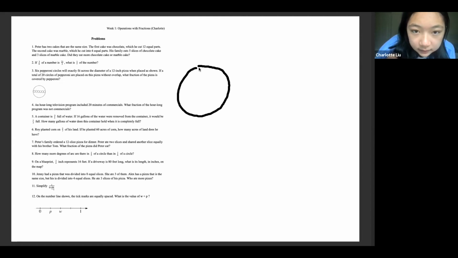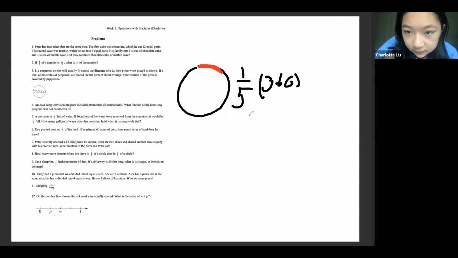So let's say this is about 1/5 of the circle. The entire circle would be 360 degrees. So what you would do is find 1/5 of 360 degrees, and you'll get 72.